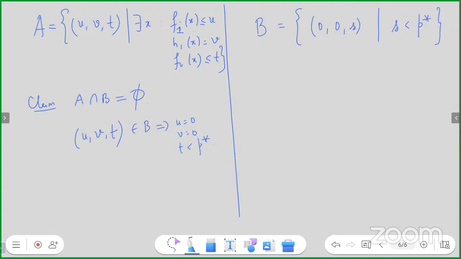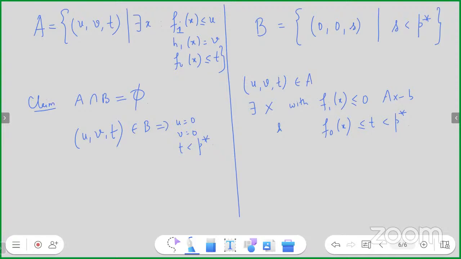Because this x belongs to A. If this is not empty, therefore there exists an x that satisfies all my conditions, and I'm creating a value for which f0 of x is less than or equal to t.